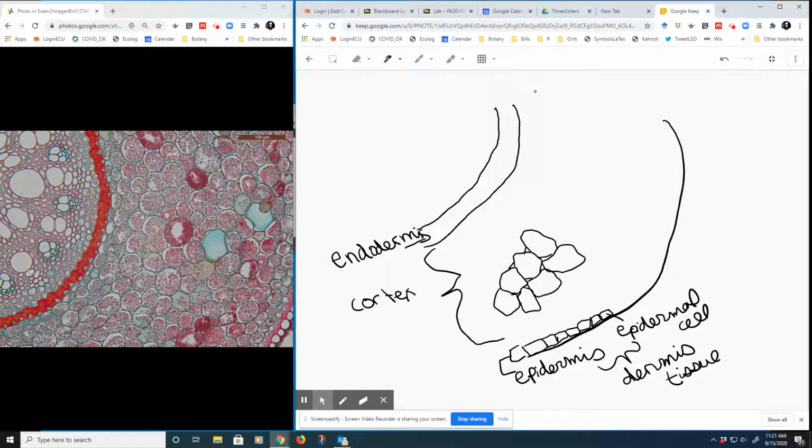Okay. So each one of these single cells is a parenchyma. And the triangle shape at the points where they meet, that area is intercellular space.